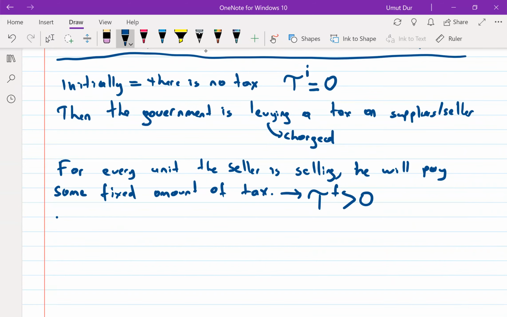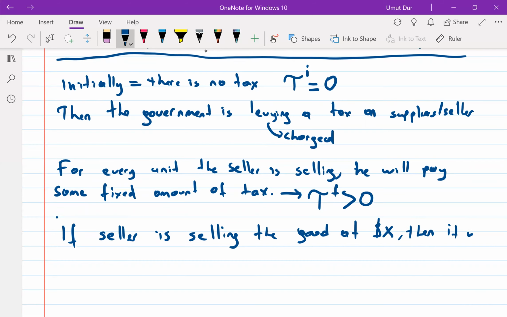What does it mean? If the seller is selling the good at X dollars, then he will pay tau F dollars to the government.